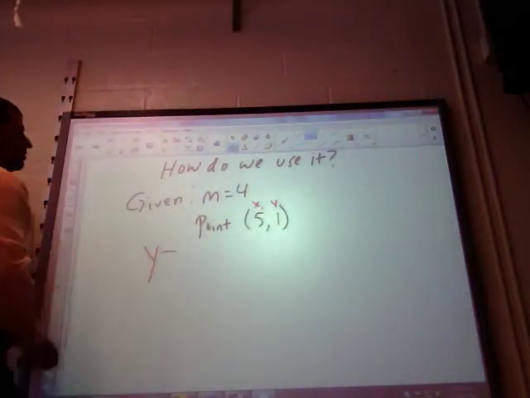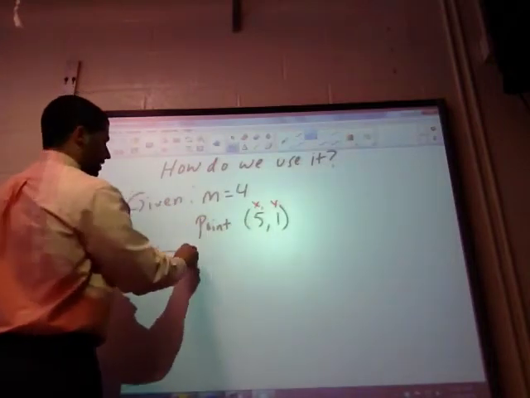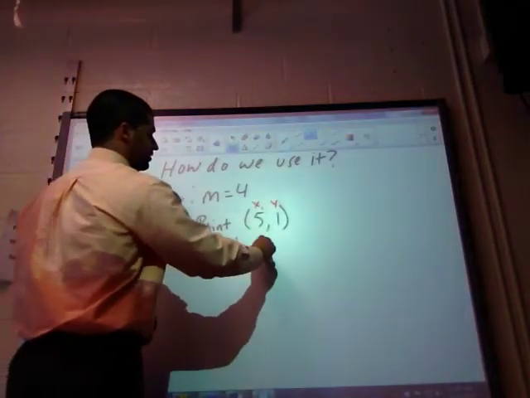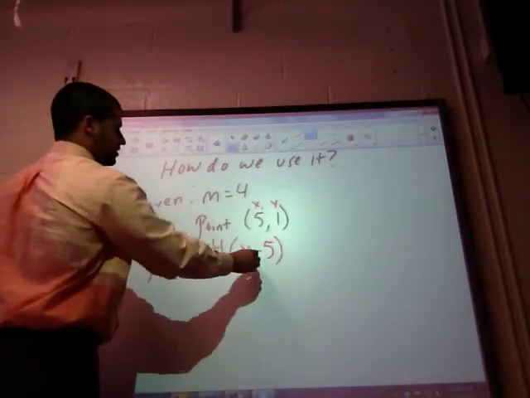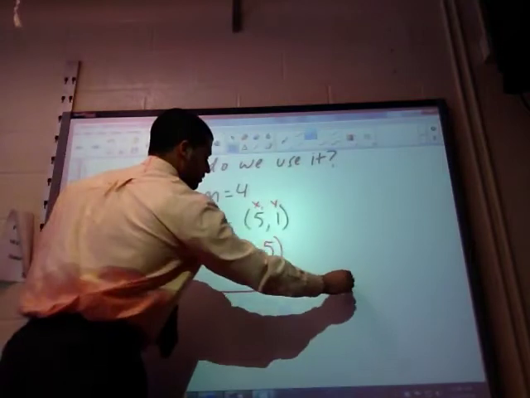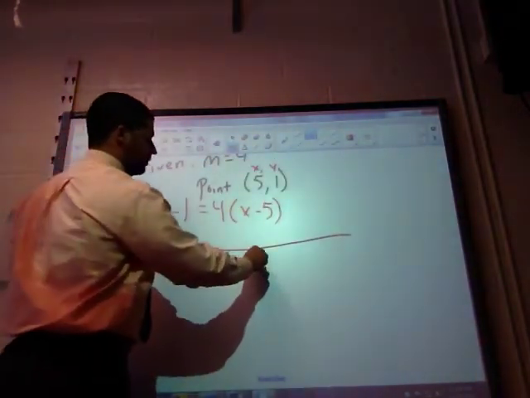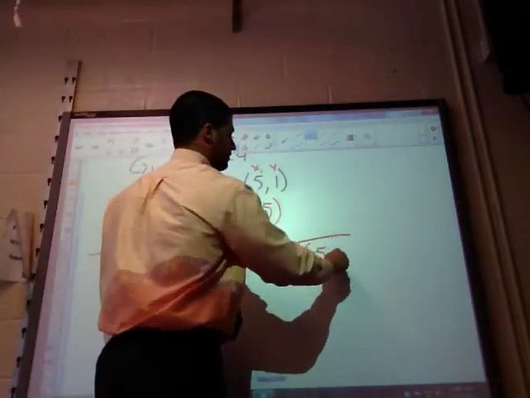Y minus, I always start with minus because that's what my formula tells me. This number is positive, so I keep it minus. Equals 4 times x minus 5. Now, if that were a -5, I would change this to a plus. So say my problem were this instead. M equals 4, my point is negative 5, 1.